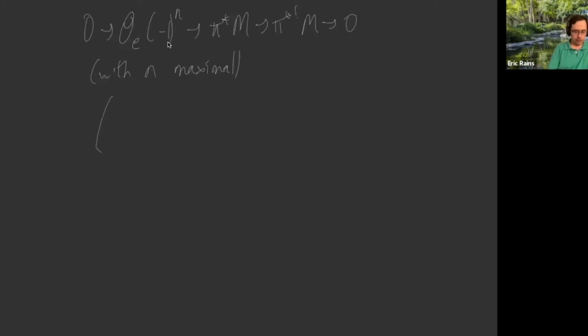The fancy version is that this fact that the direct image of pi upper star of M is M translates, after doing some adjunctions, to saying that there's a map from pi upper star of M to pi upper shriek of M, and we take the image of this.